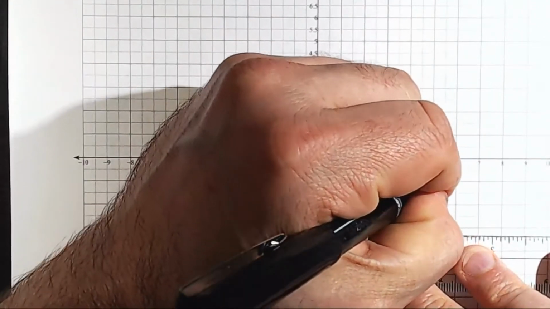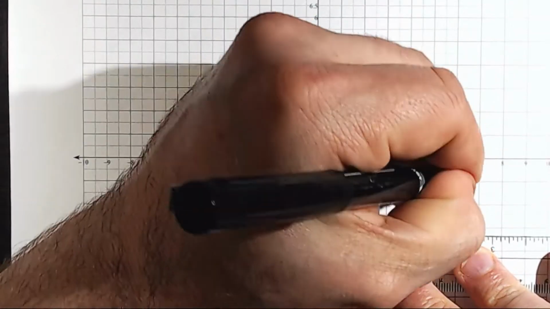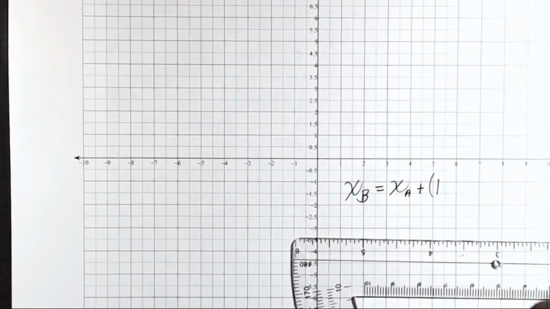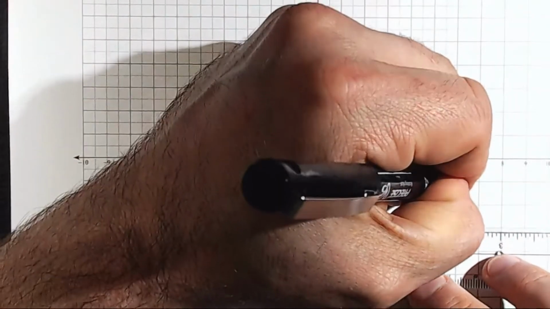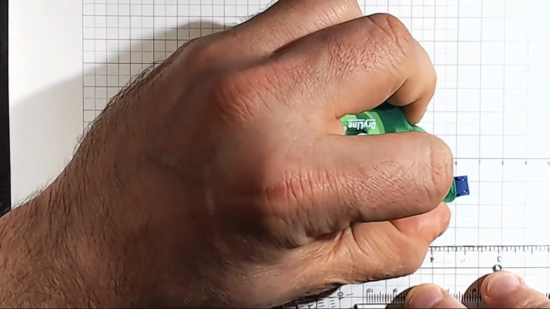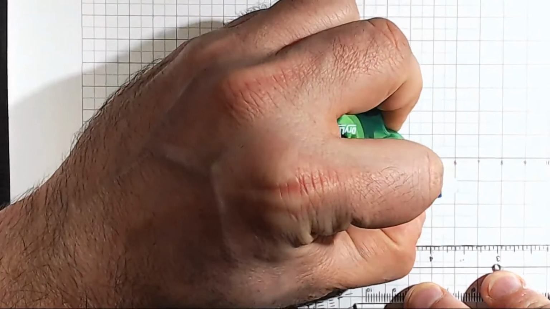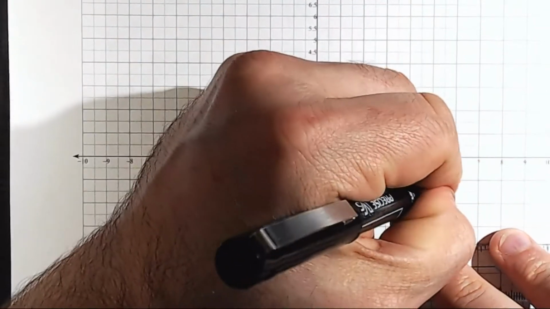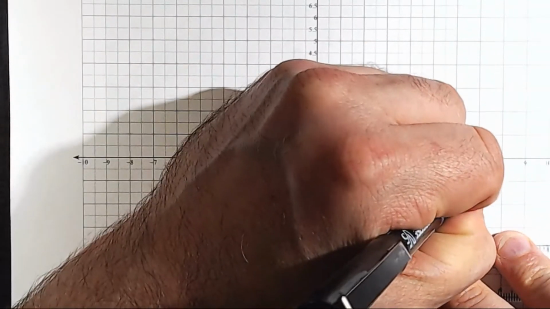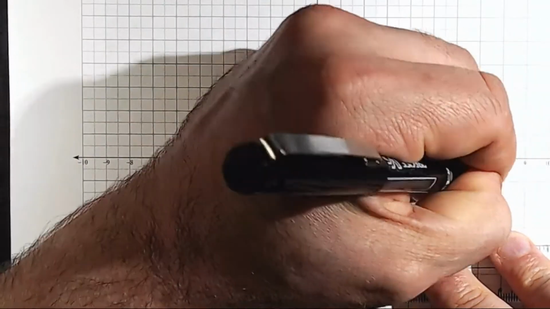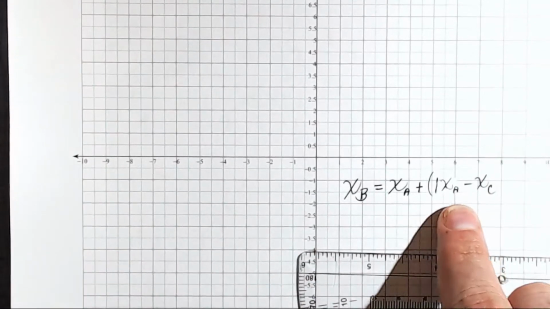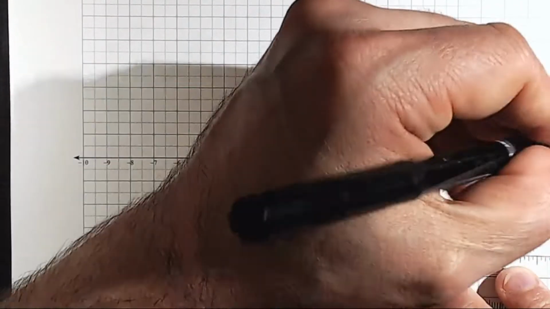And now we do our fractional distance component. Open parentheses, absolute value bar, and now we have to find the difference between the X values of campsites A and C. So we'll say X sub A minus X sub C. So this is the difference of the X coordinates of the two campsites.